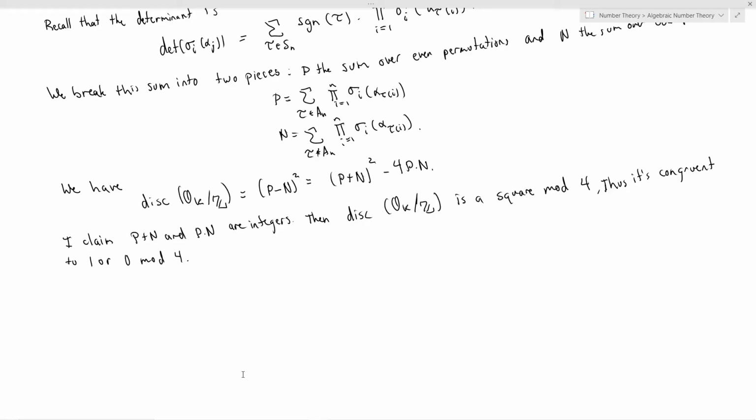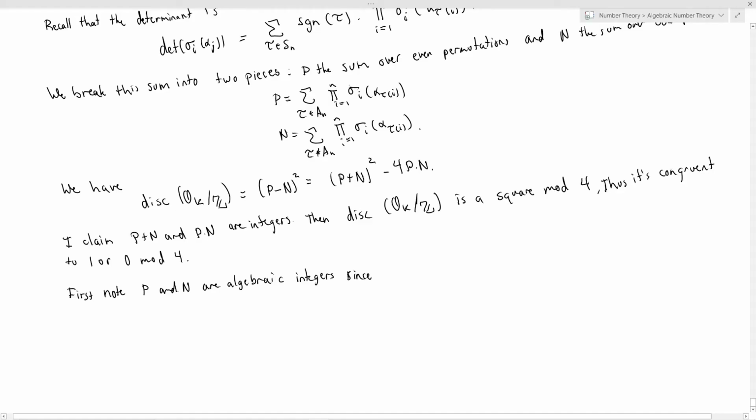The basic idea is that, first, note P and N are definitely going to be algebraic integers, since they're basically sums and products of Galois conjugates of algebraic integers, and Galois conjugates of algebraic integers are algebraic integers.